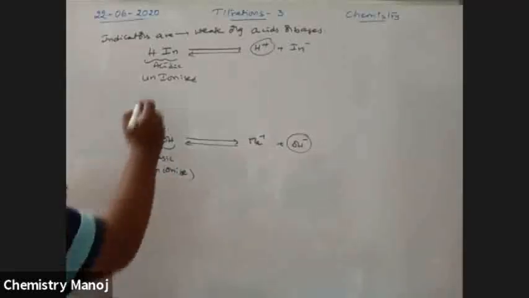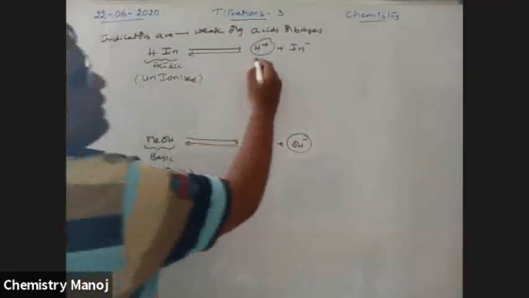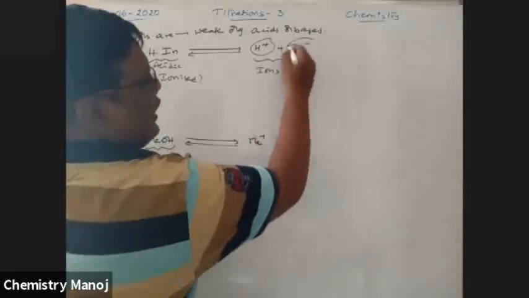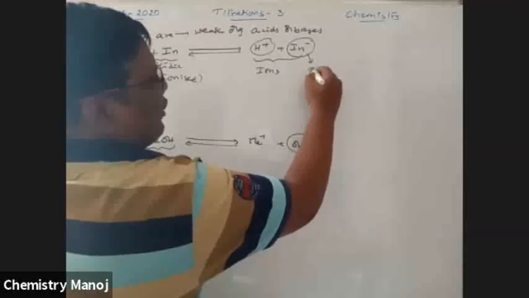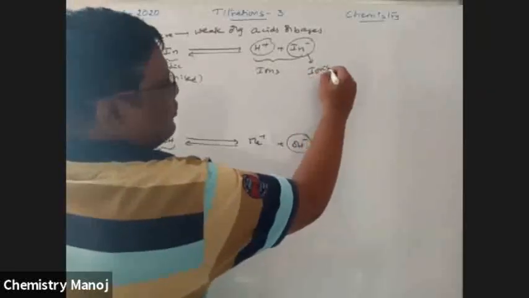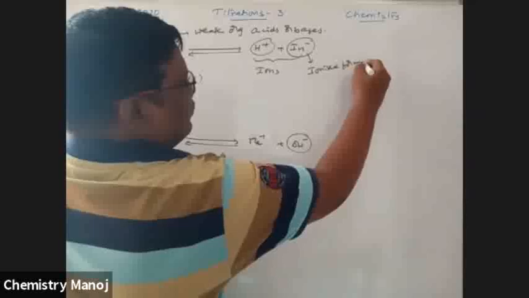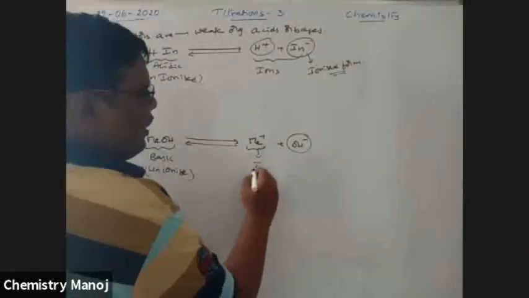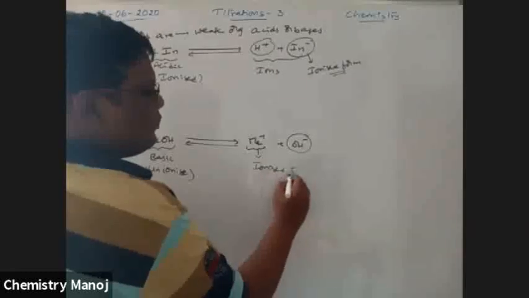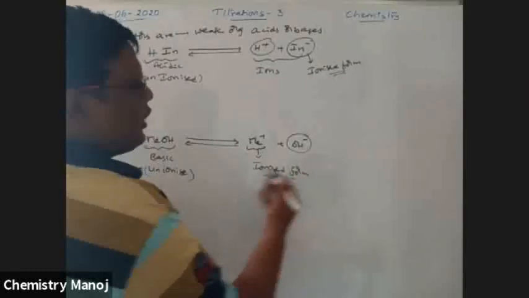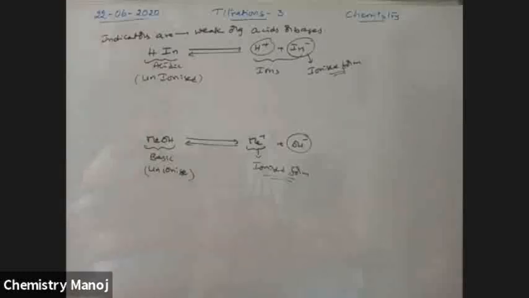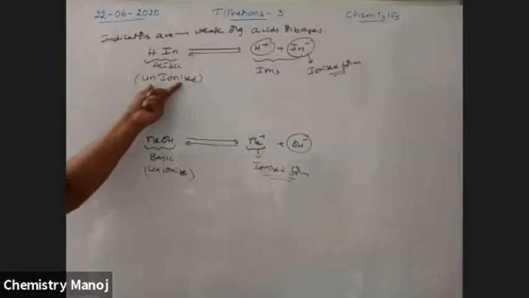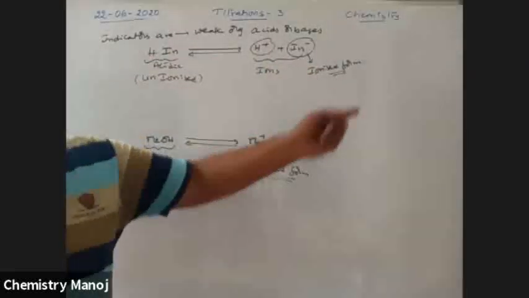The I minus ion is called the ionized form, and the Me plus ion is also called the ionized form. That means indicators in aqueous solution sometimes exist as the unionized form and sometimes as the ionized form.